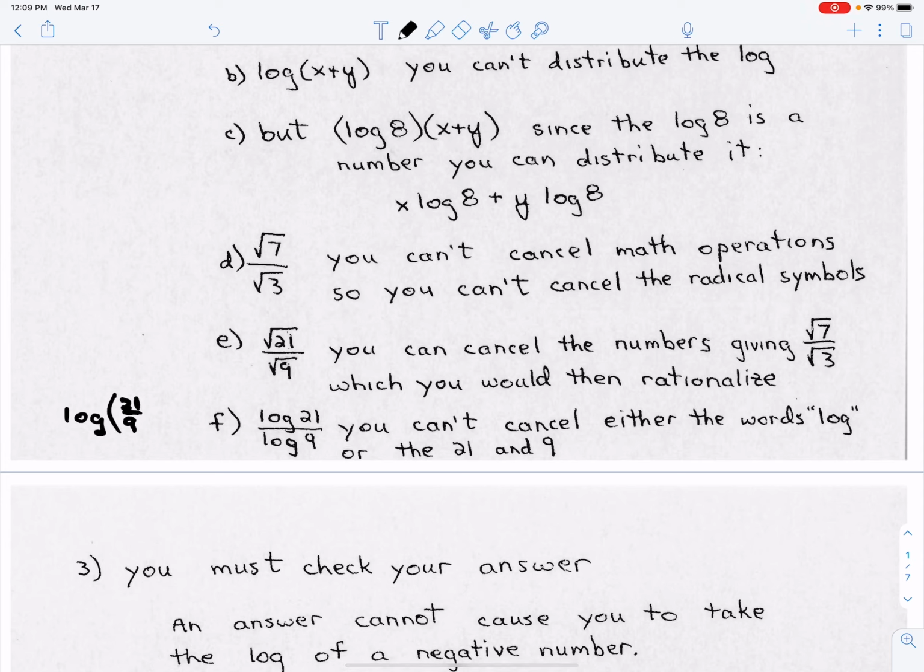Yes, because you're taking the log of some fraction, 21 ninths. But on problem F, part F here, you can't cancel the logs. You can't even cancel the 21 and the 9. It's only if it was this that you could then say that's the log of 7/3. Okay?